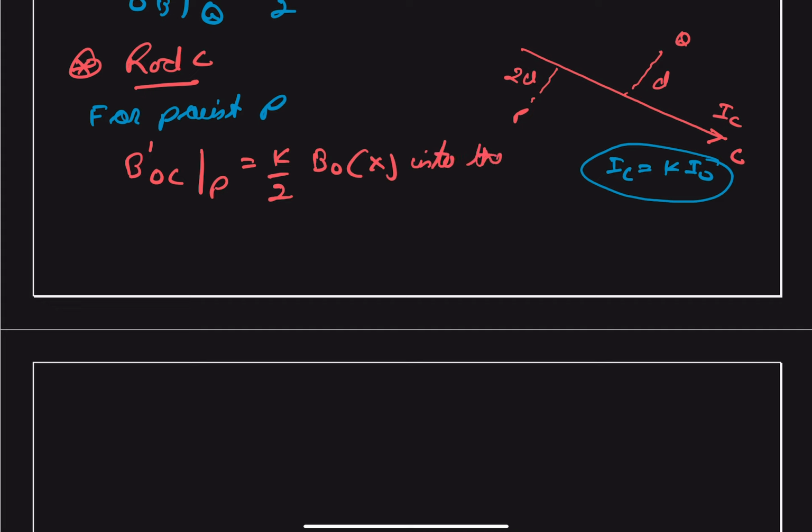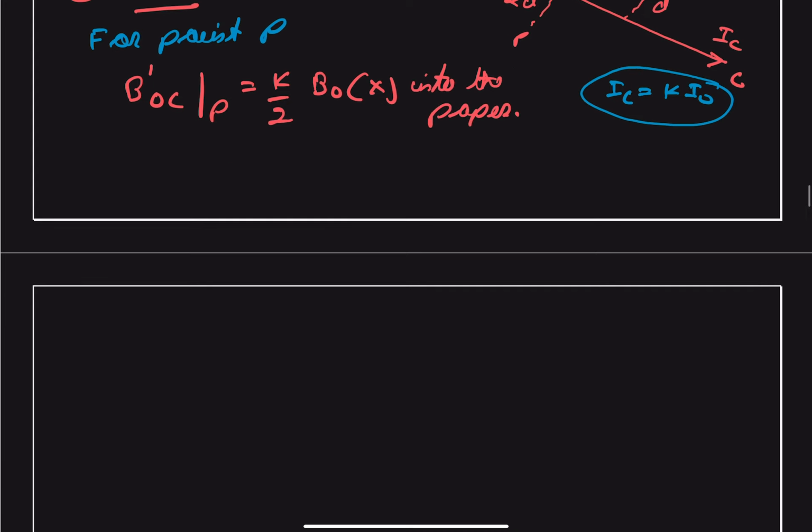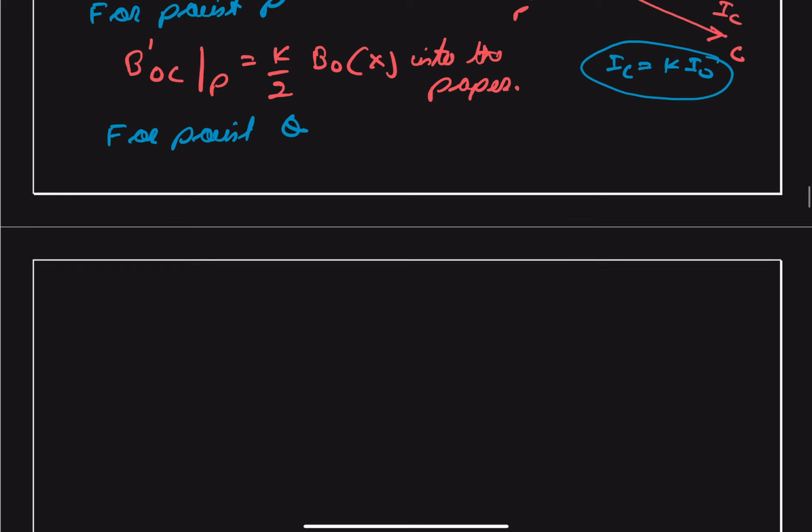For point Q, B prime OC at point Q will be K multiplied by B naught, and this will be out of the paper.